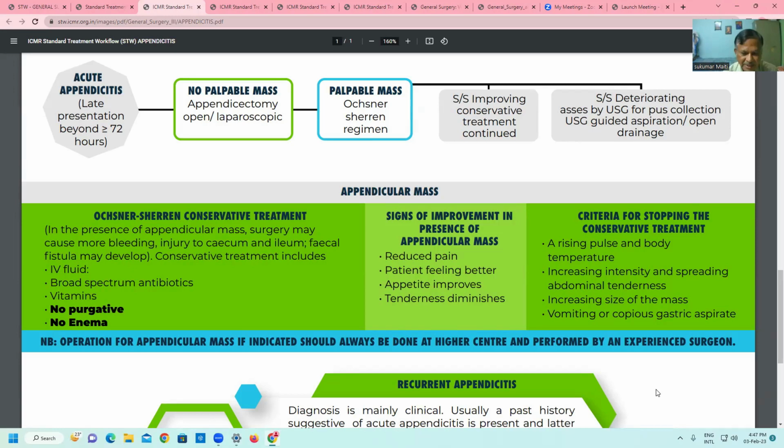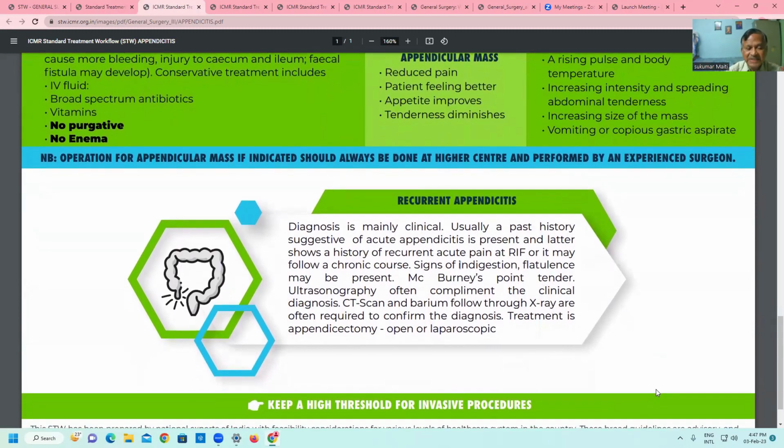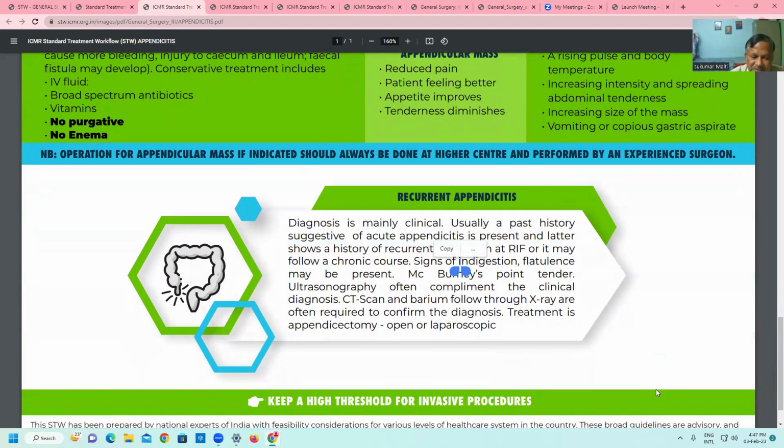During the Ochsner regimen, the standard thing to remember is: no purgative and no enema. And in case of recurrent appendicitis, please scroll the chart. In recurrent appendicitis, this is another area where the diagnosis is sometimes very difficult, especially in the presence of a mass.